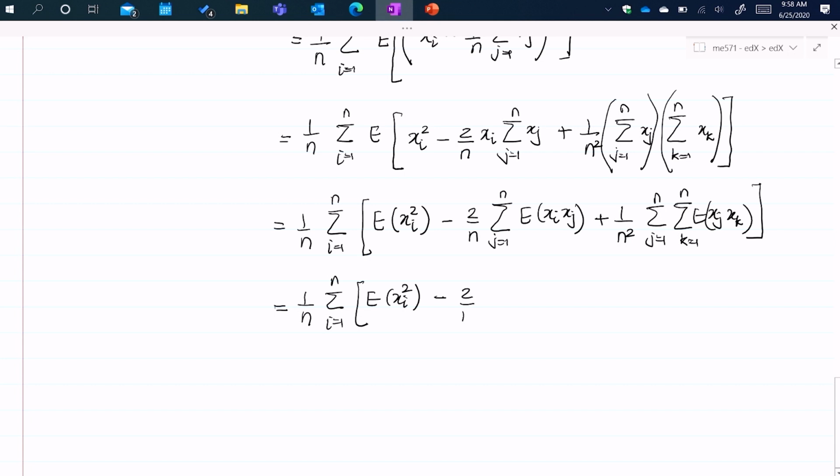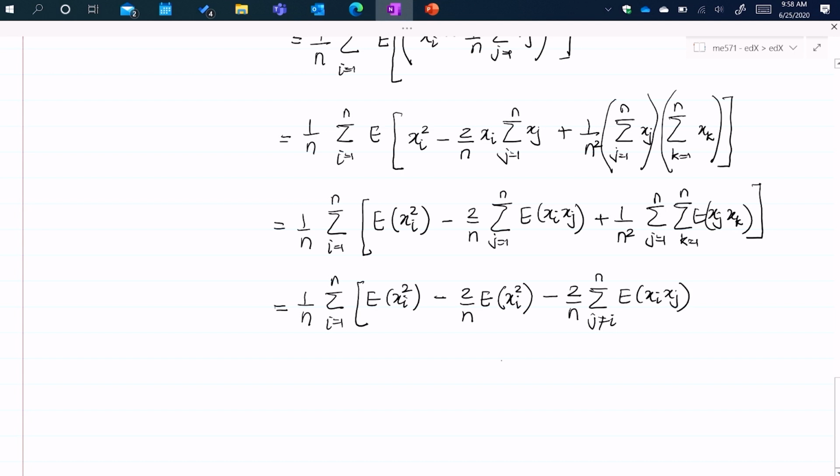So I'm going to write this as 2 over n expected value of xi squared minus 2 over n summation j not equal to i going up to n of the expected value of xi xj.